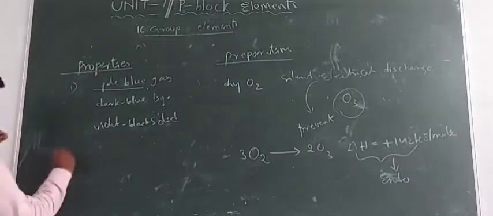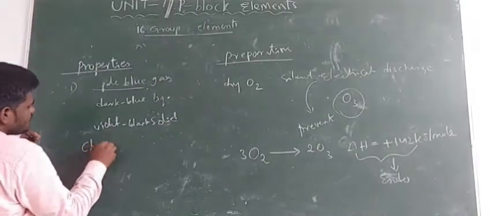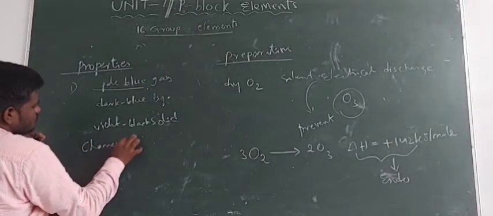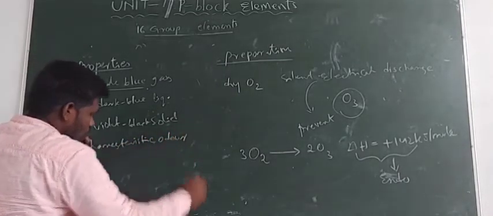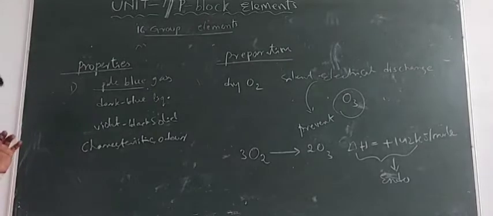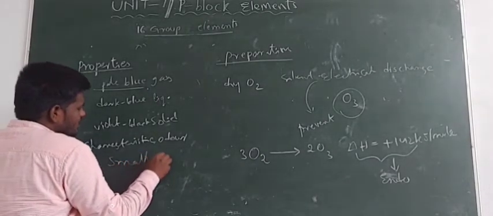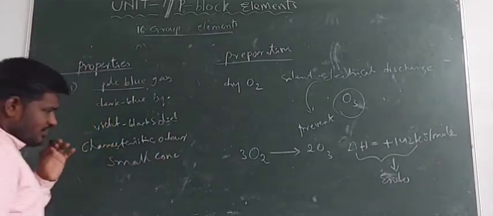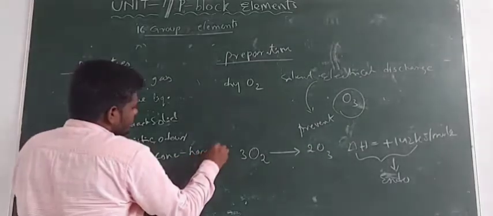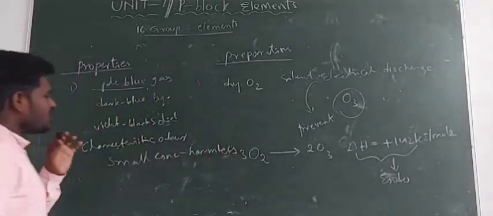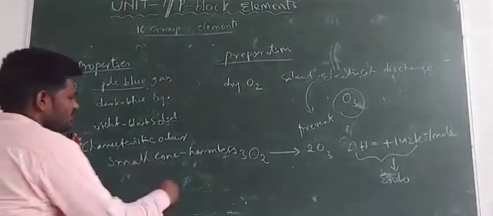And next one, this gas gives a characteristic odor. And when it is present in small concentration levels, it is harmless. So ozone, when present in small concentration in the atmosphere, is harmless.